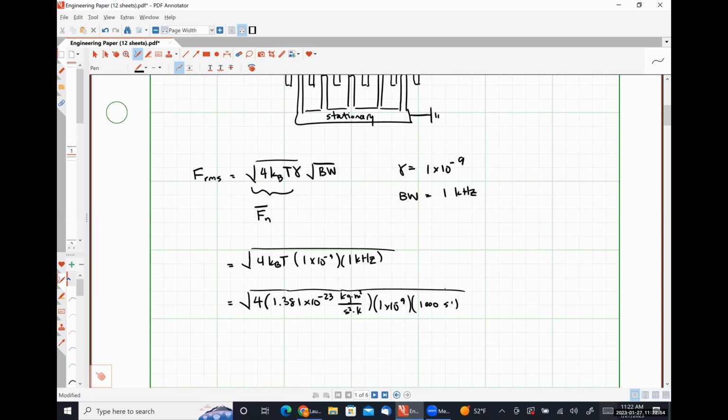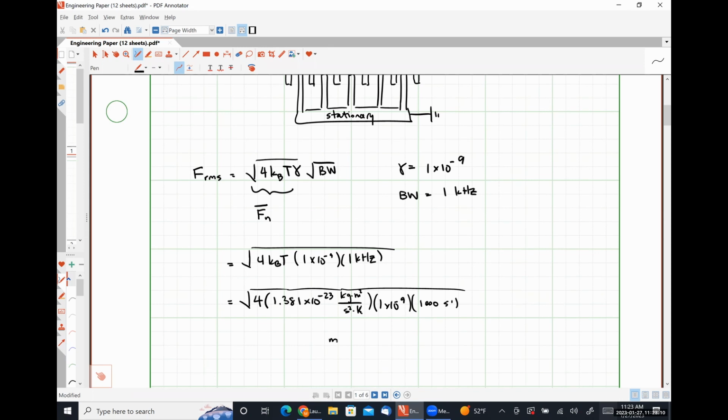What I'm thinking about right now is how the units are going to work out here. So we have mass times meter, mass times.